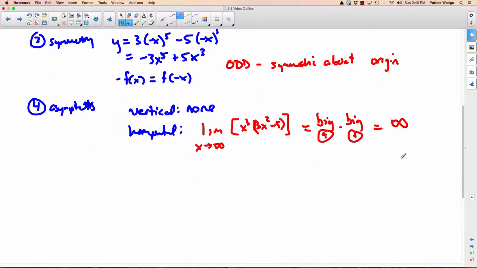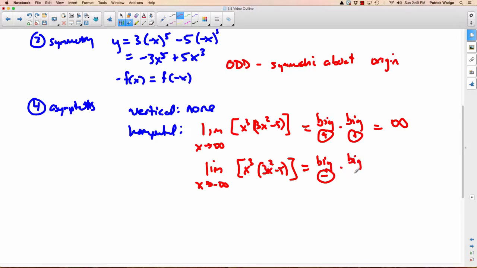Okay, let's look at the limit as x approaches negative infinity. So we do the same thing, have this factored, 3x squared minus 5. Negative infinity cubed, well that's still going to be negative, 3 negatives, so it's going to be a big negative. And then x squared, well that's going to be a massive positive because you're squaring, times 3, still a massive positive, take away 5, still a massive positive.